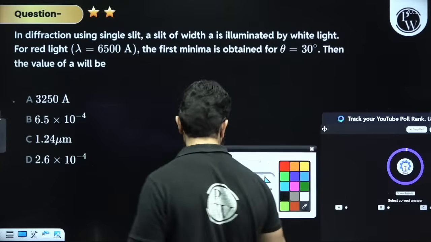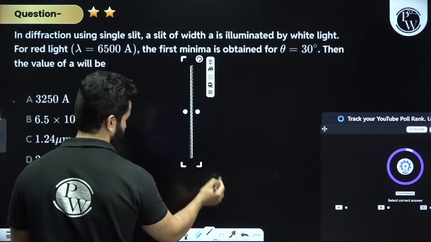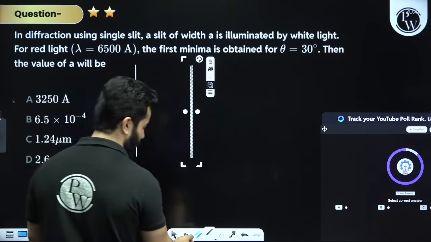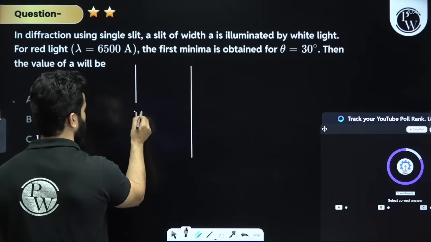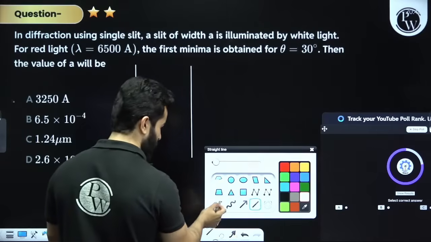By that time I'll draw a diagram for you. They are saying something like this. Let's suppose this is the screen, and over here we have got one slit.